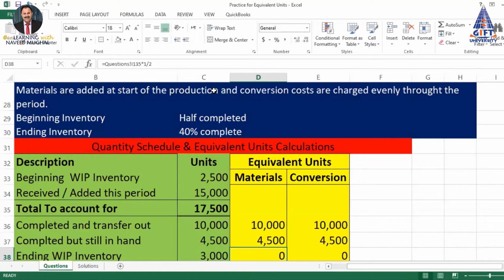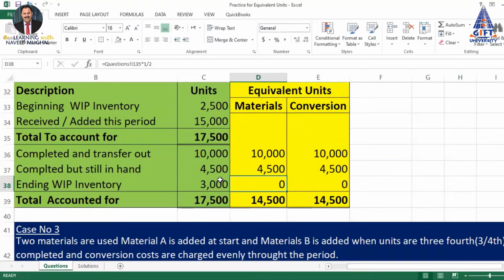When we add materials at the start of the period, it means that we have added material to every unit, whether it is completed or incomplete. It means on these 3,000 units, we have added material at the start. It means they are 100% complete with respect to materials. So I will multiply this figure, 3,000, with 100%, because the statement means they are 100% complete.